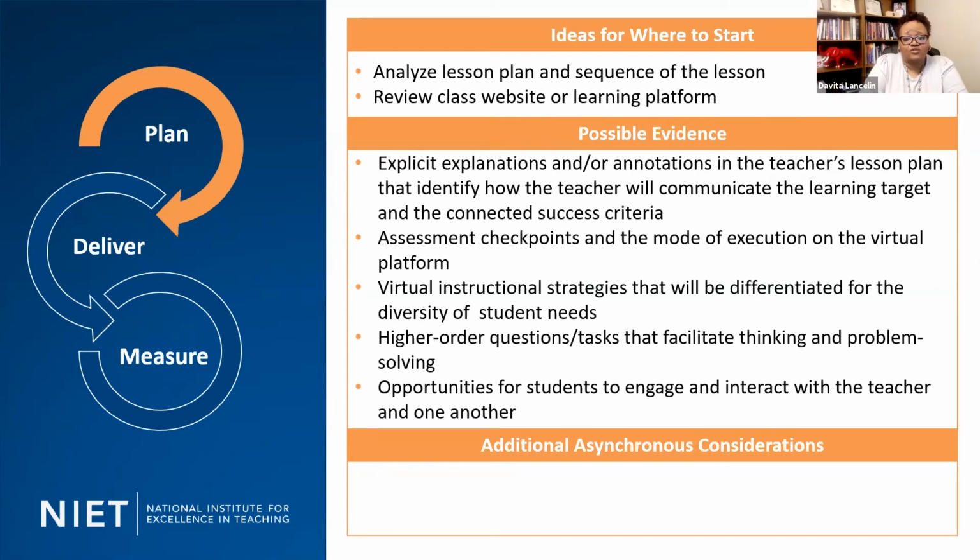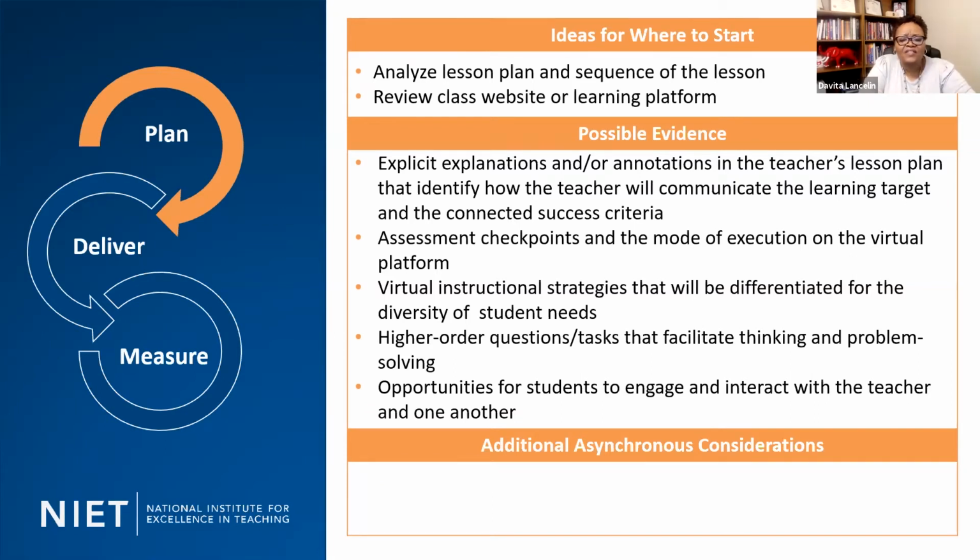Possible evidence that you might want to secure could be evidence of the explicit explanations and/or annotations in the teacher's lesson plan that really identify how the teacher is going to communicate the learning target and that connected success criteria to students. Maybe even looking at those assessment checkpoints and the mode of execution of those checkpoints on that virtual platform, along with those virtual instructional strategies that will be differentiated for the diversity of student needs.